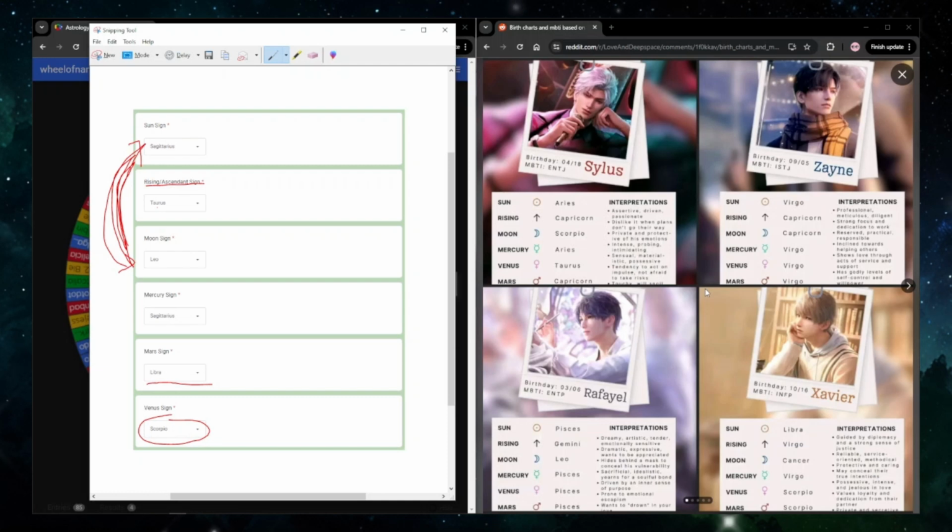And then let's see, Mercury sign in Sagittarius, his Mercury is in Virgo. Again, you might find Zane boring. Mars sign is in Libra. His Venus is in Virgo. He's looking for stability, and Libras aren't the sign of stability.